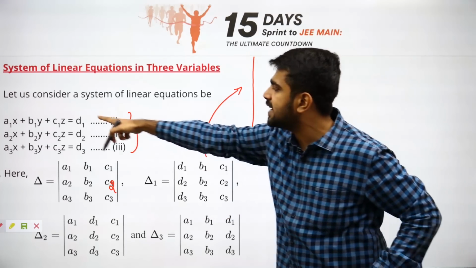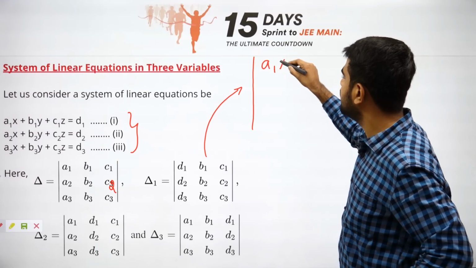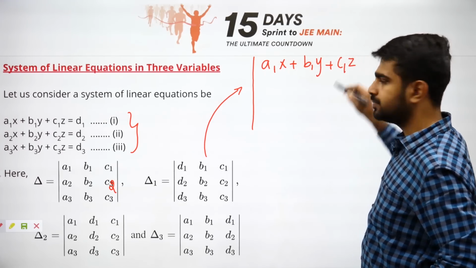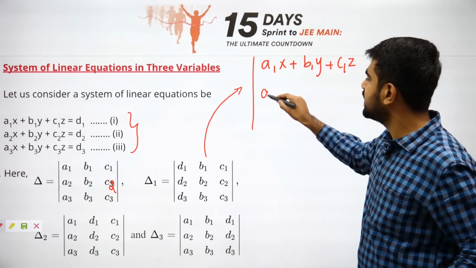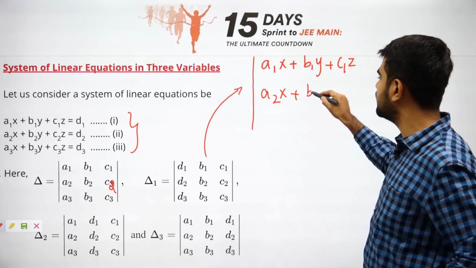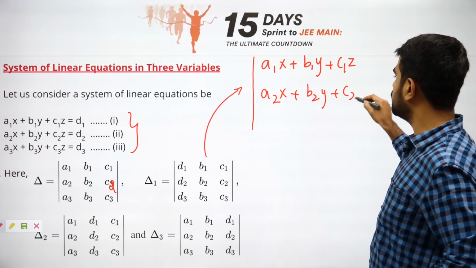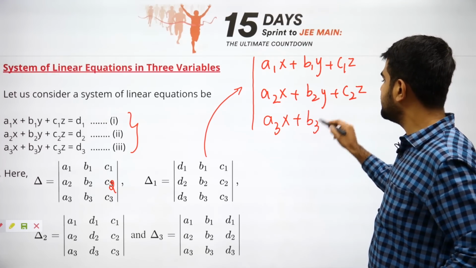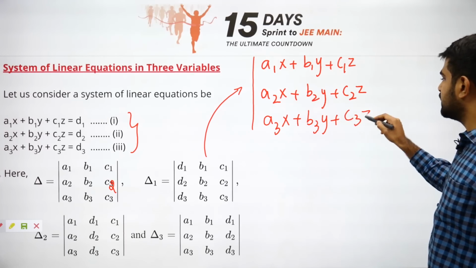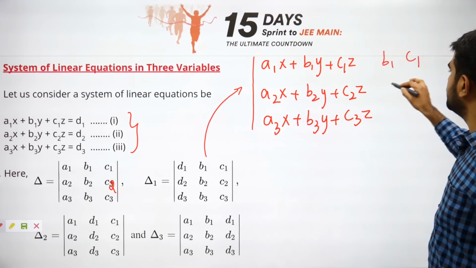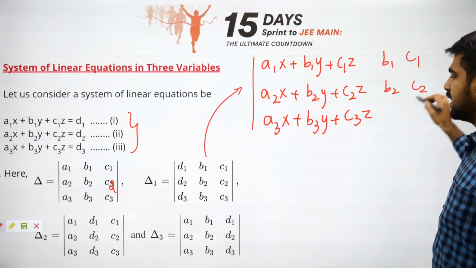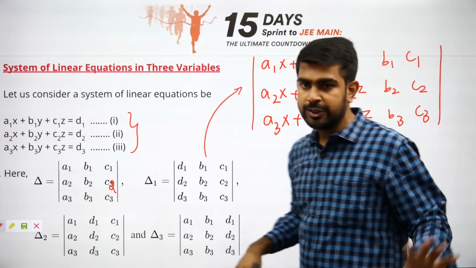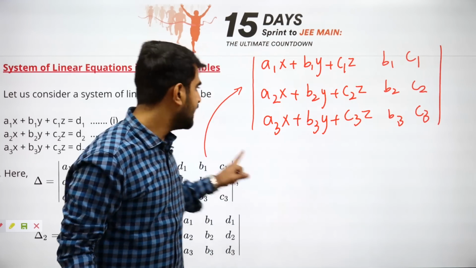Can I write d1 as a1x plus b1y plus c1z, and d2 as a2x plus b2y plus c2z, and similarly d3 as a3x plus b3y plus c3z, and this is going to be b1 c1, b2 c2 and b3 c3. Perfect. So that is the expansion of delta 1.